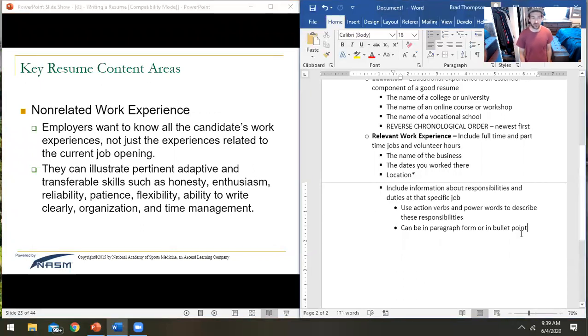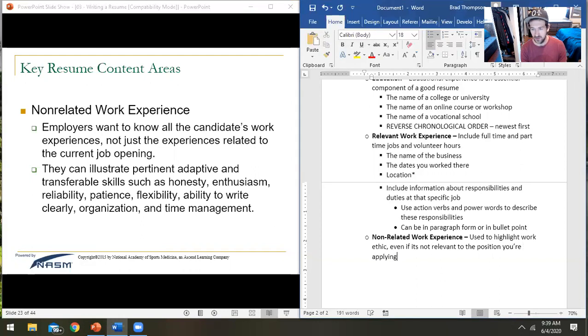So non-related work experience when you're doing that. This is going to be used to highlight work ethic, even if it's not relevant to the position you're applying for.